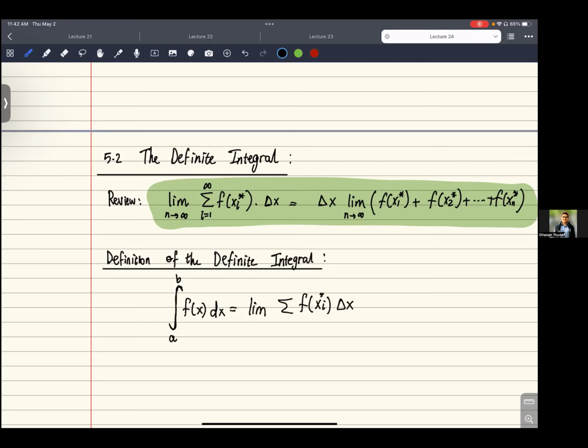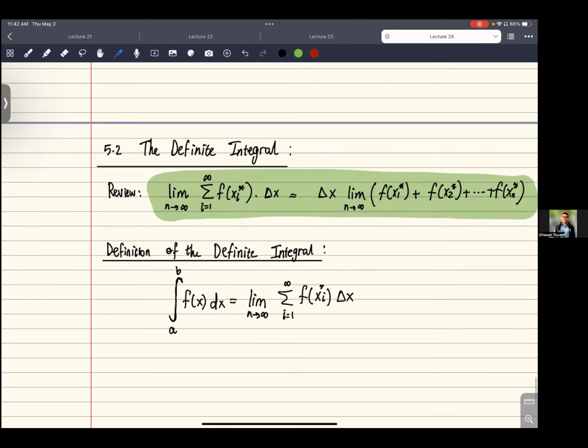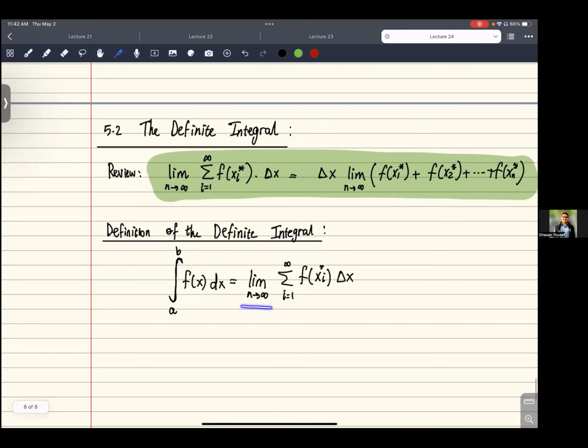Sometimes the sample point is the midpoint or any point inside the subinterval. Doesn't matter. So the integral is defined like this, the limit of these things.